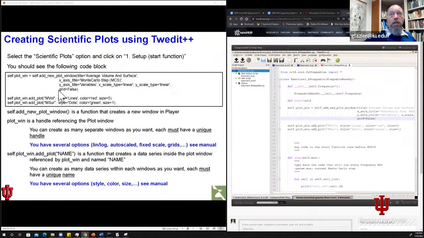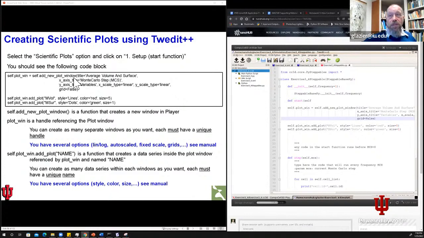But I can see it all here. It's going to put in the following lines of code. It's going to create a line that's called self.plot_window. And plot_window is a handle. It's a reference. And to create a plot, first thing I have to do is create a window for that plot, because the plot has to be put on the screen. So it's creating an empty window to put the plot in.